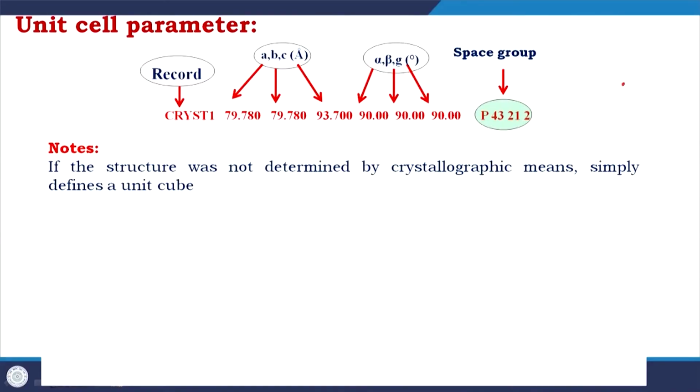When the method is X-ray crystallography, you need these because you have to connect the closest point of the unit cell with the start of the coordinates, and that is why you need the CRYST1 record, the A, B, C and alpha, beta, gamma, and you have to develop a matrix to do that.